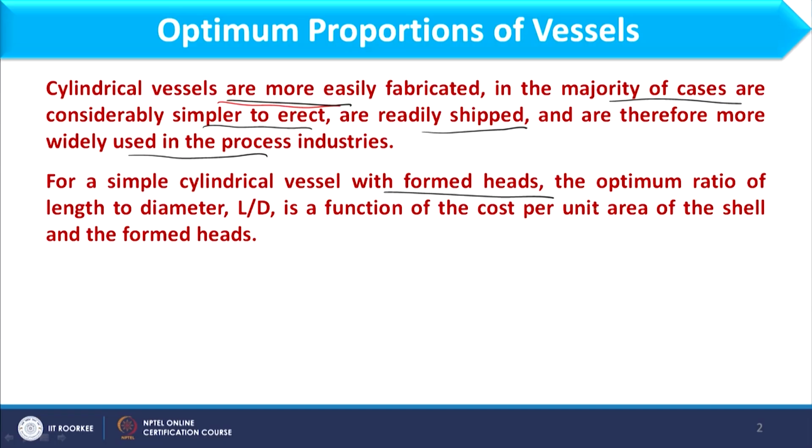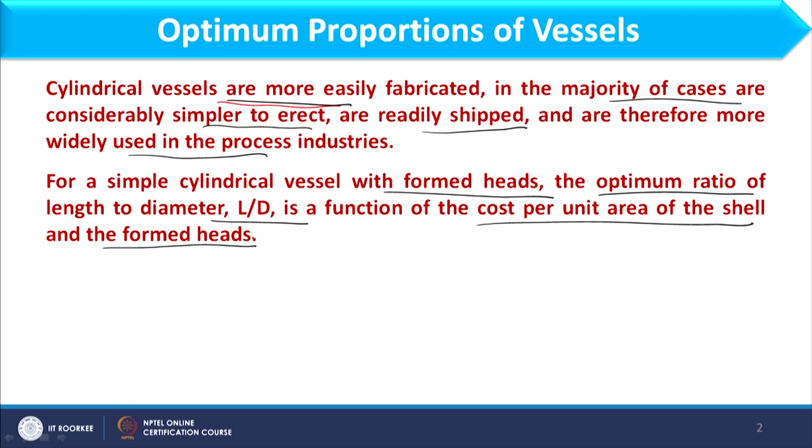Now, for a simple cylindrical vessel with formed heads, what are formed heads? You must have the idea of that till now. The optimum ratio of length to diameter is a function of the cost per unit area of the shell and the formed heads.